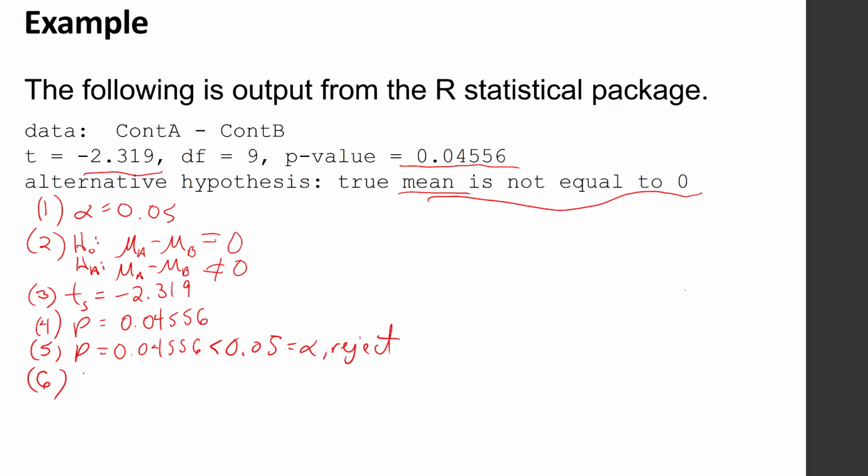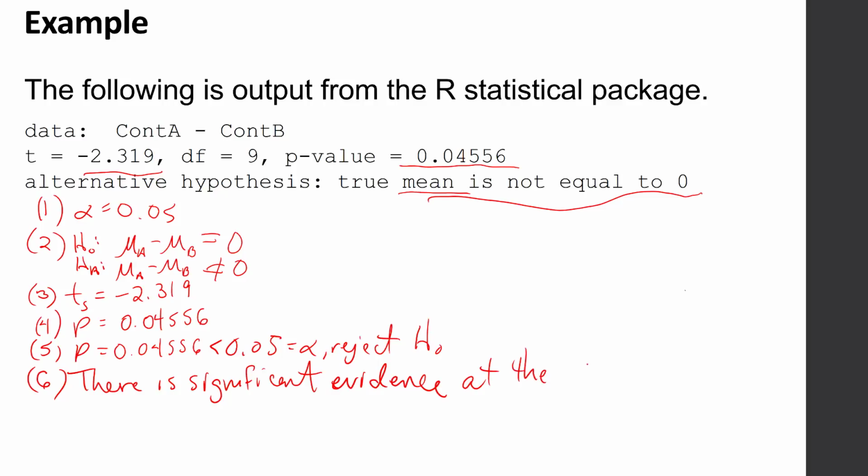So notice that we reject the null hypothesis, and so that means there is significant evidence at the 5% level to conclude the alternative hypothesis.